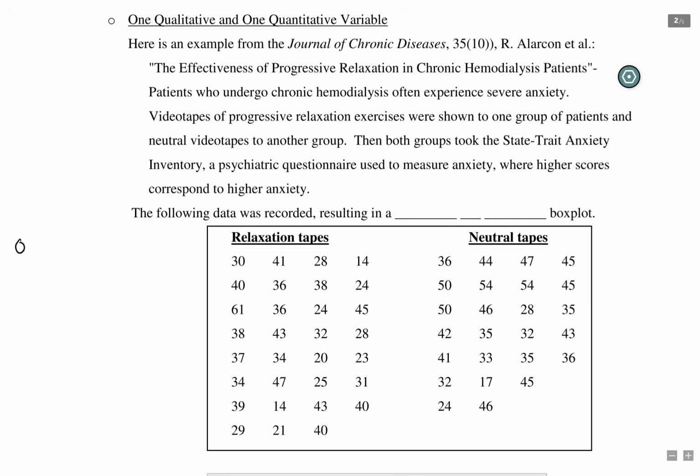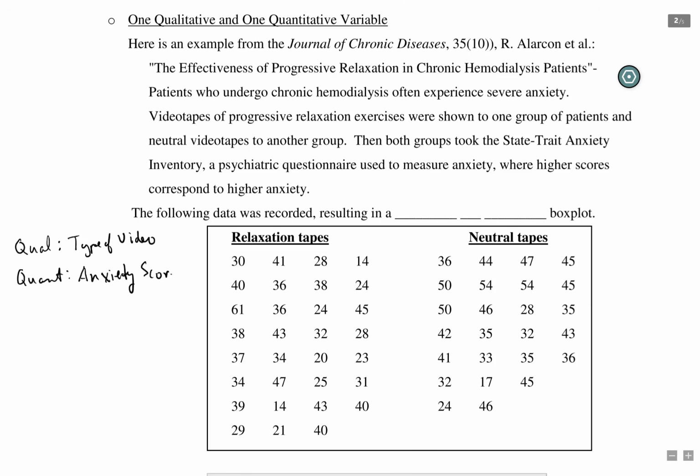So just to be clear, the qualitative variable is the type of video. The person was shown a relaxation tape, or the person was shown a neutral tape. Okay, and then the quantitative variable was the anxiety score.